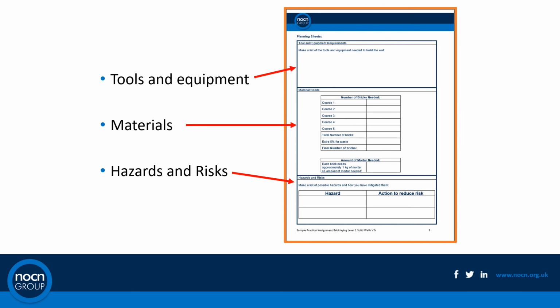Moving on to the next page, we've got a tools and equipment requirements section. So this gives the learners the opportunity to list the tools and equipment they'll need to build the wall that they have to build in this one. Materials, so this gives them the chance to work out the number of bricks that they need. And then a hazards and risks section, just to reinforce the importance of health and safety.